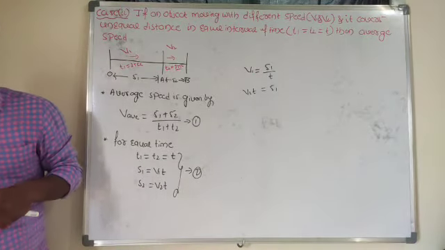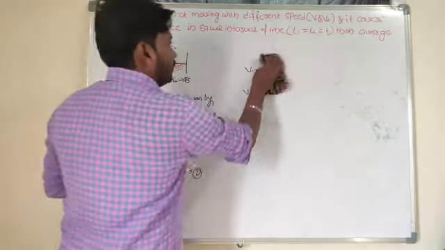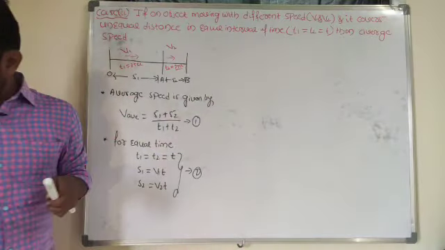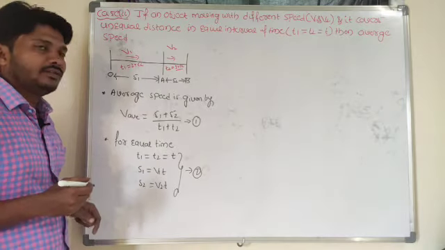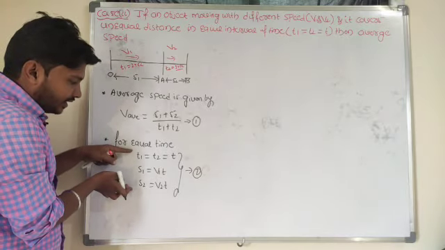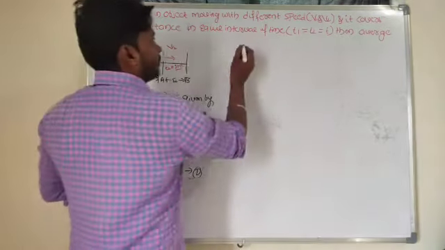So look at here, in this case I got the value of time taken. They mentioned time taken is the same, distance is unequal, so S1 is nothing but V1 into T. So I will substitute the equation 2 value in equation 1.